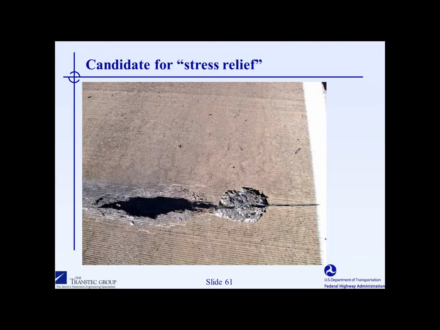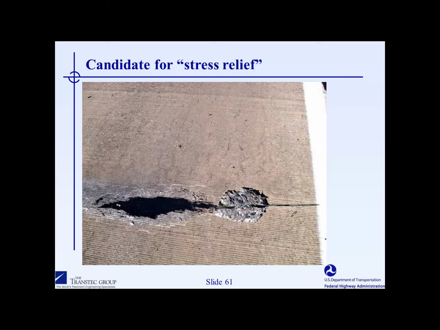What quite a few highway departments have done and continue to do is remove maybe 1 or 2 feet on each side of the joint, and then new concrete is put back in place. Essentially, you're relieving the stress and trying to reduce that deterioration by removing the interfacial region of the joint itself.